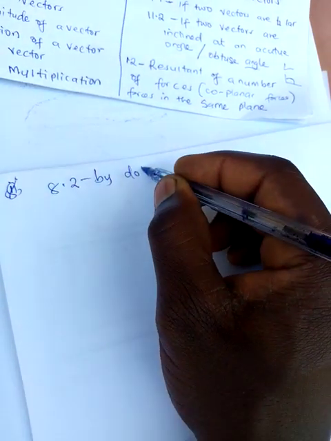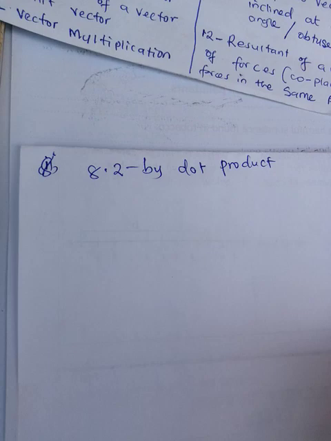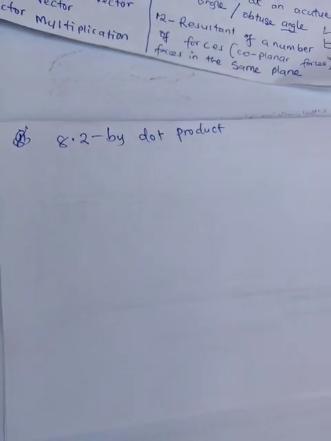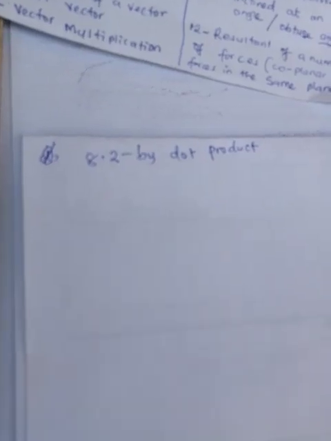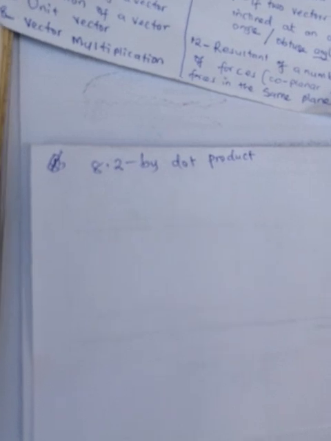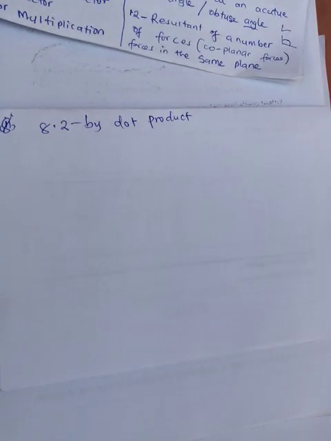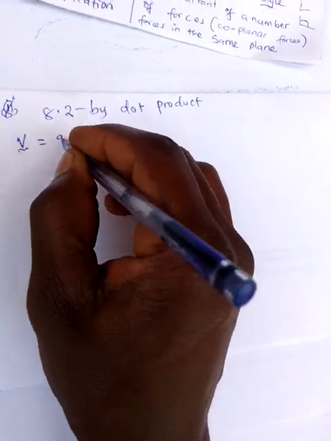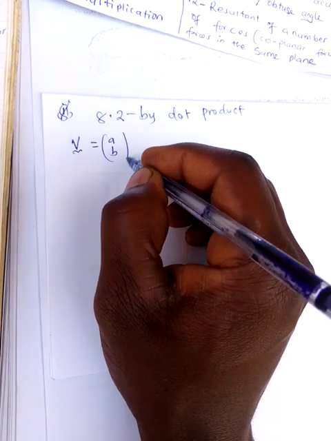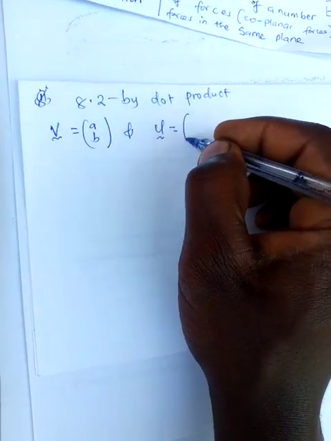So you are going to learn dot product now. What does dot product mean? It means multiplication with addition. As far as we are multiplying two vectors, let us see an example. Vector v can be given as a, b, and the vector u is c, d.